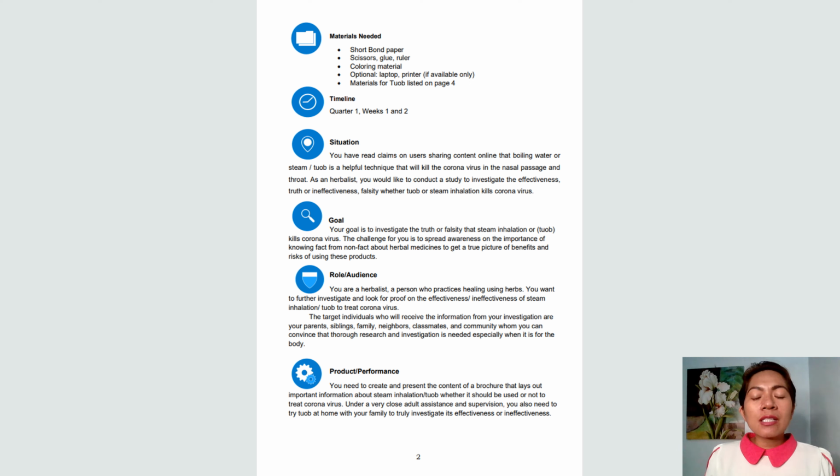So in page 2, I also shortened some parts here from the previous output of Ma'am Cyril. So I indicated in the materials, of course, here we have short bond paper, scissors, glue, ruler.